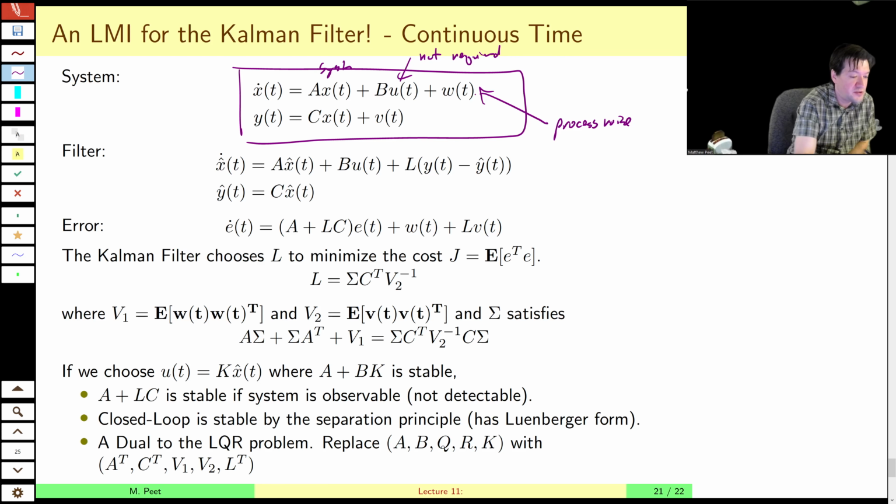The Kalman filter is an observer, I should say. So what is the Kalman filter? It looks a lot like the Leuenberger observer. It has the same structure as the Leuenberger observer, which we went over in lecture 6, I believe.